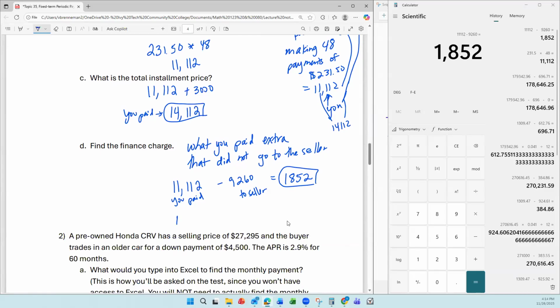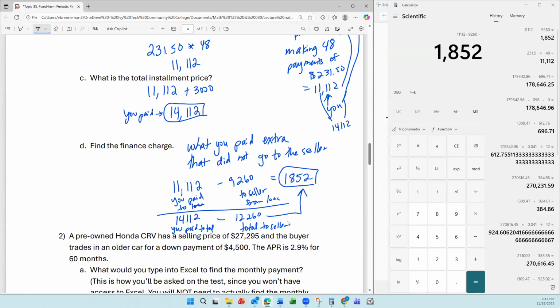So the $14,112 you paid total minus the $12,260 total to the seller gives that same $1,852.